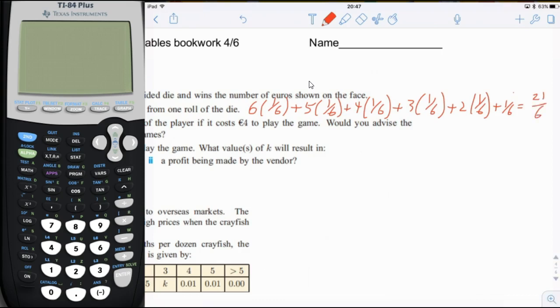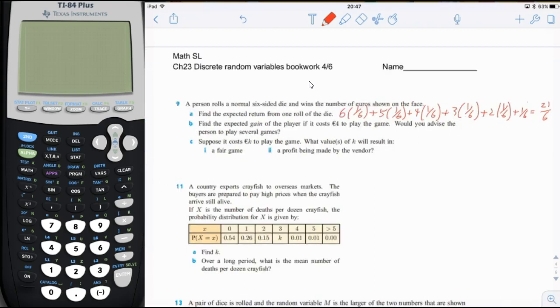Okay? Which is 3.5. That's kind of expected, right? 3.5 is halfway between 1 and 6.